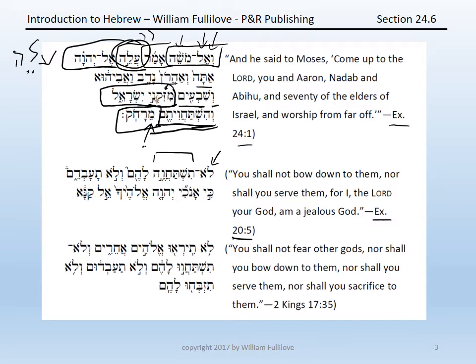So lo plus the imperfect is a solemn prohibition. You shall not tishtahaveh, hishtafel imperfect, second masculine singular. You shall not bow down, la plus hem, lamed the preposition plus hem, to them, and lo, not.